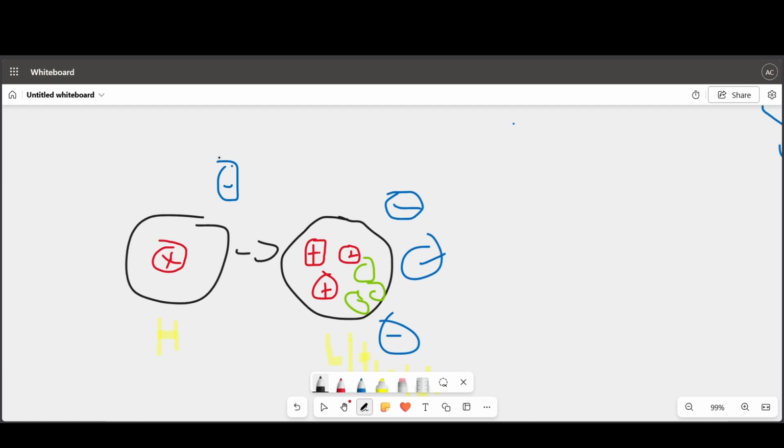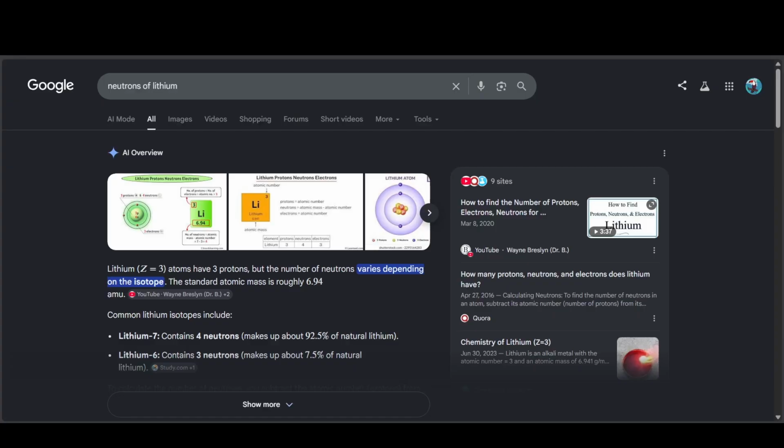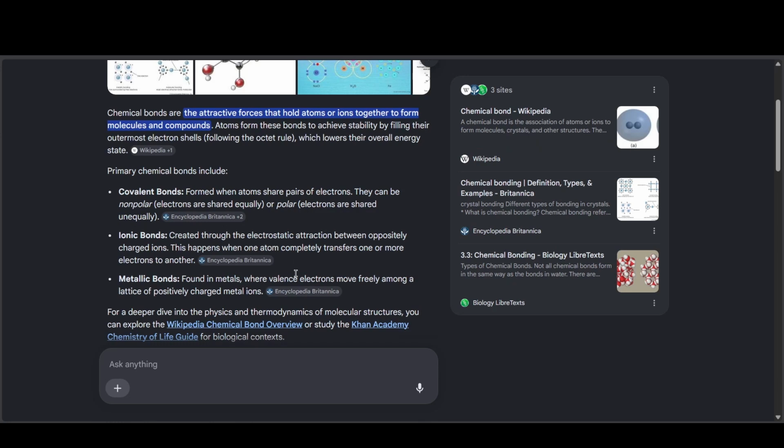Okay, so let's search for examples of ionic bonds. We can just look for the bonds right here.